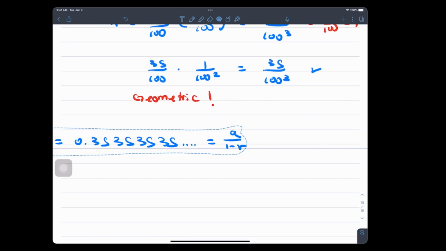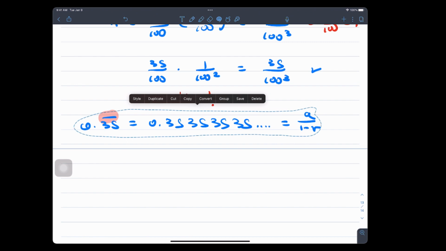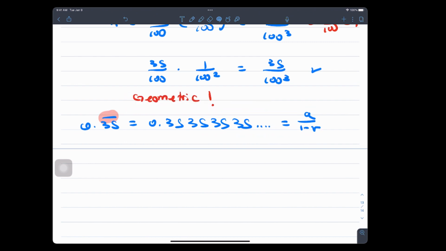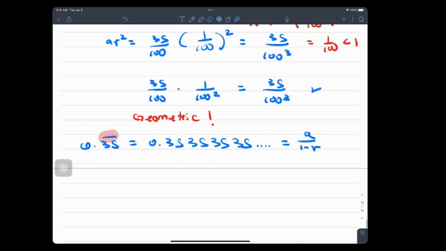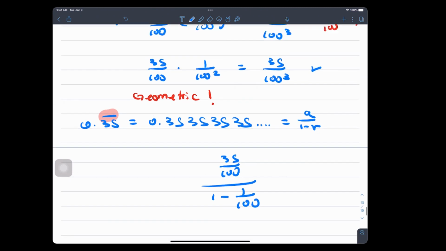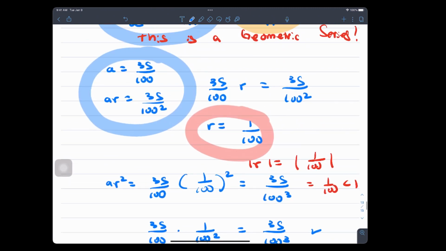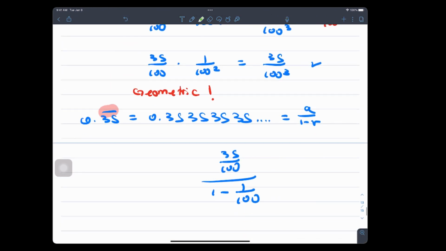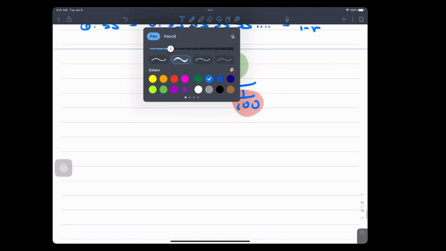So what is that sum, though? Yeah, let's write this down. This is going to be here 35 over 100 over 1 minus 1 over 100, because what was A? Go back over here. This is my A value. Is that right? Isn't that A? So A goes right here. 1 minus what? R. This is R value.